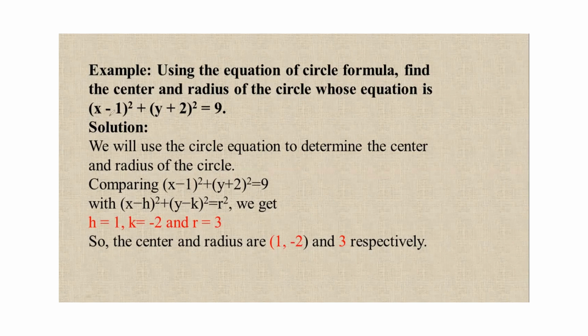In this case, h equals 1, k equals minus 2, and r squared gives r equals 3. So the center is at (1, -2), and the radius is 3, respectively.